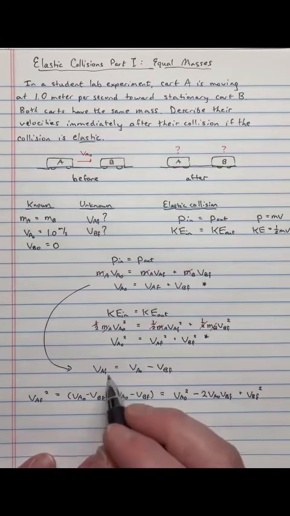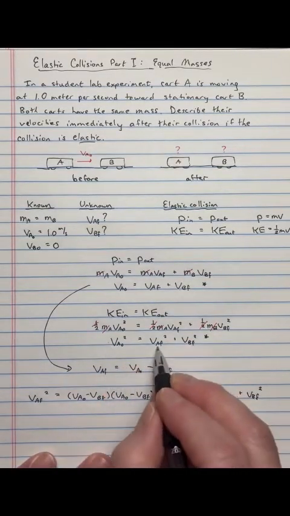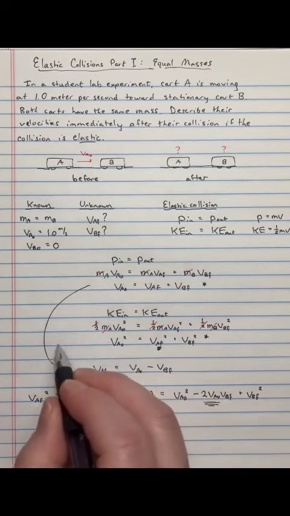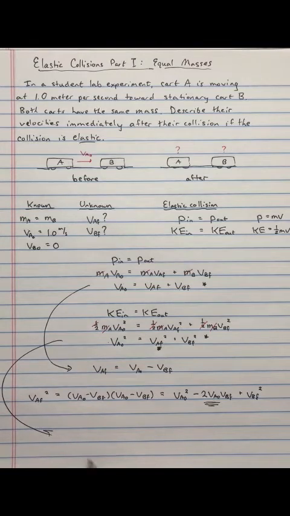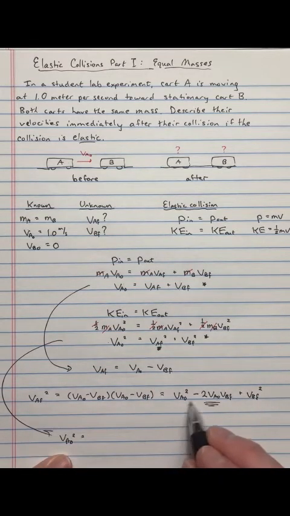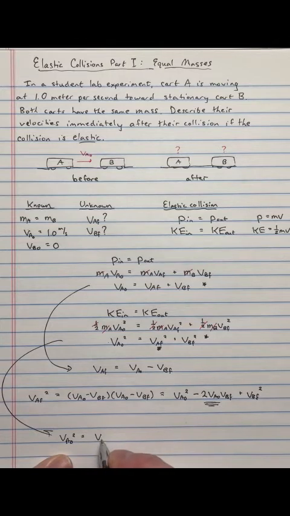What I want to do then is for this equation, substitute for this term here with this stuff. So VAO squared equals, what's VAF squared? VAF squared is really this stuff now: VAO squared minus 2 VAO VBF plus VBF squared.